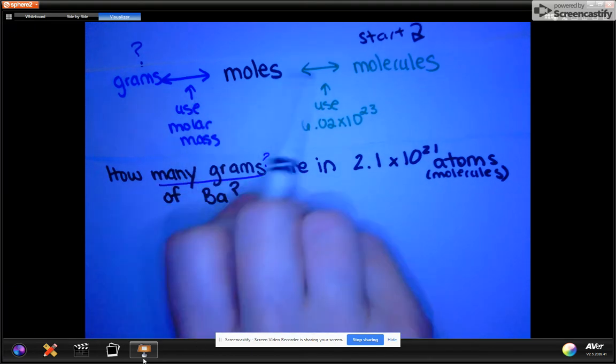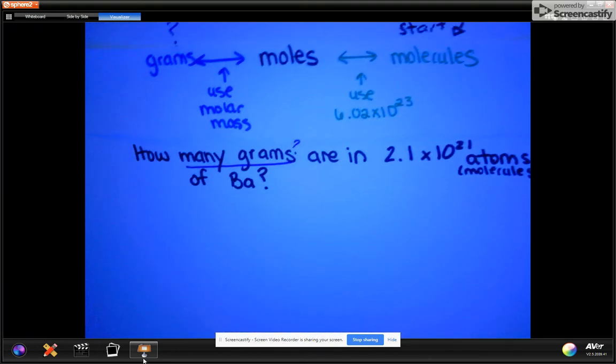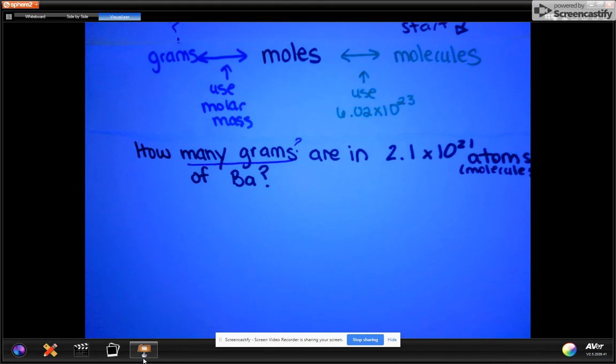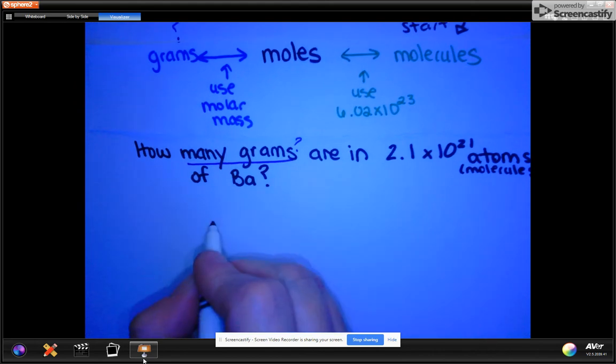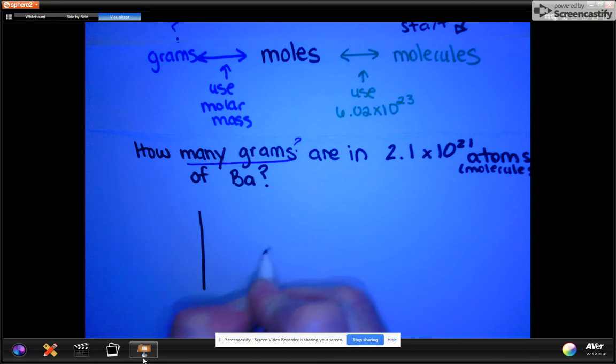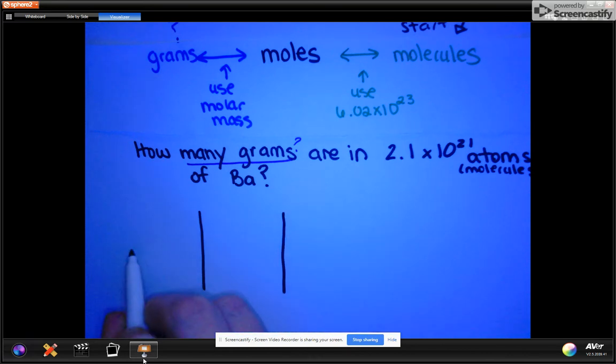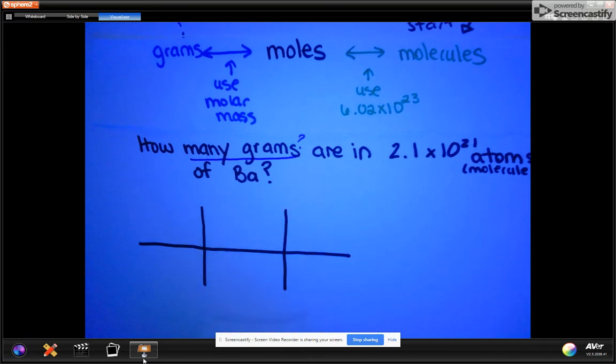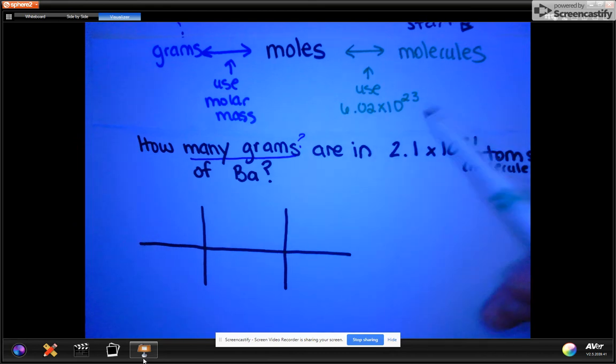So because we're doing 2 steps here, our work is a little bit more complicated, and our tool is going to have 2 vertical lines because it's 2 steps. But before we start filling this out, I want to write our relationships. So we know that we're going to have to use the 6.02 times 10 to the 23rd.